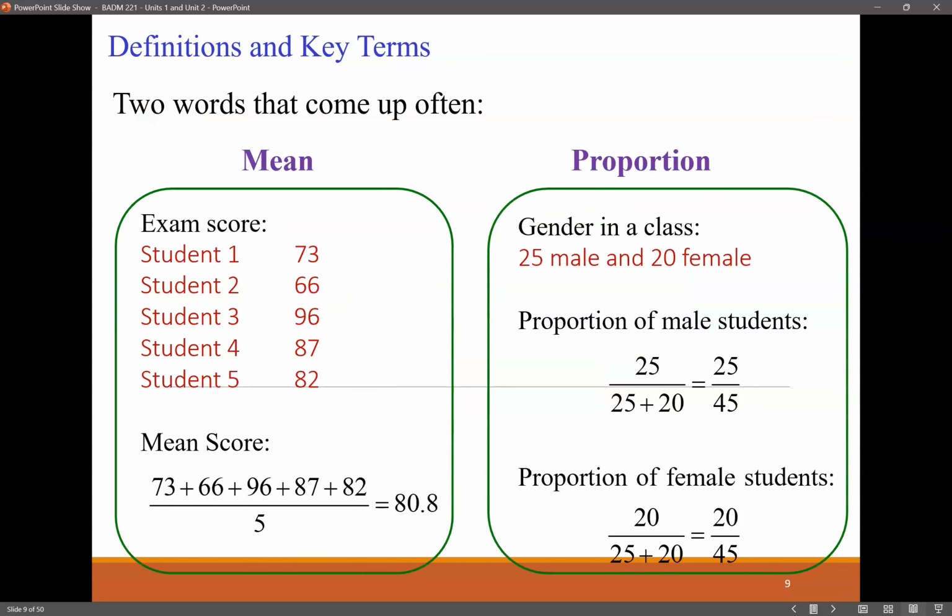Now, a few words which we will frequently use, and all of you know how to calculate them, but just to review, because we will frequently use these terms in statistics. The first one is mean. Mean is like finding the average.